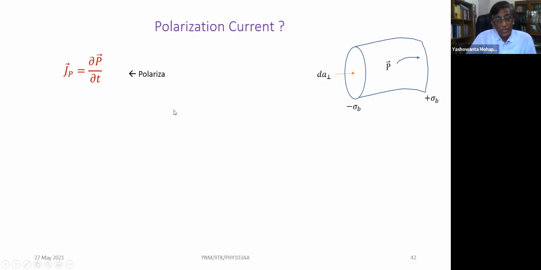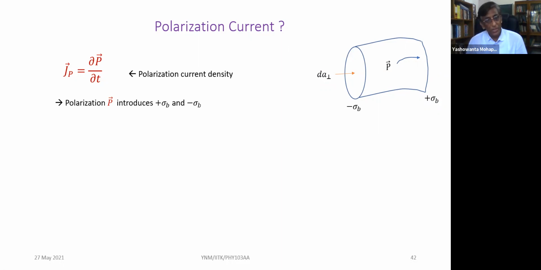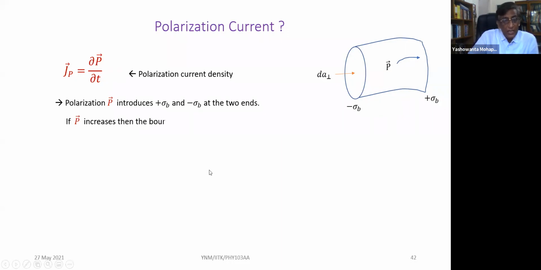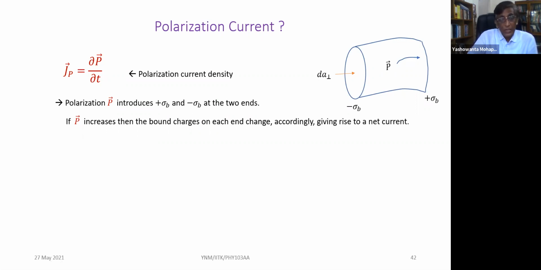All right. So this is polarization current density. Okay. So polarization P introduces plus sigma b and minus sigma b at the two ends. Okay, if P increases, then bound charges on each end also change accordingly, if it increases or decreases, giving rise to a net current.